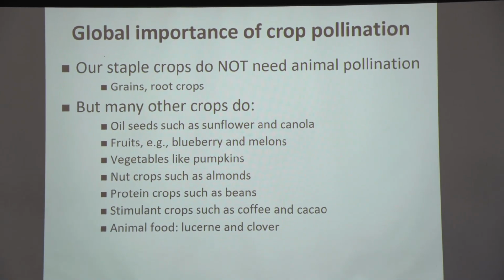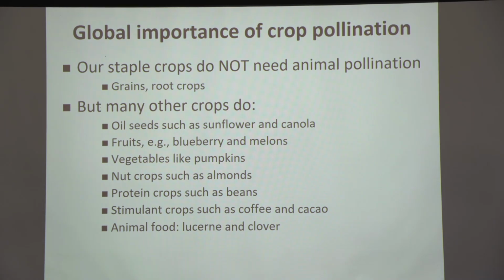So if you think of all of those grain crops, and if you think of potatoes and cassava in the tropics and so many root crops, huge contribution to the human diet. And they don't need pollination. But many crops do. So, many oil seeds, but not all oil seeds. Many fruits, but not all fruits.